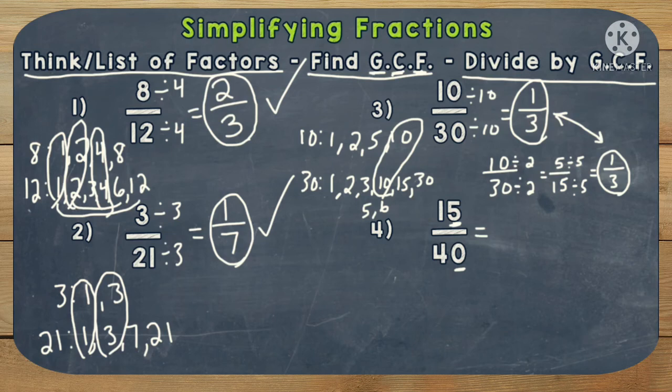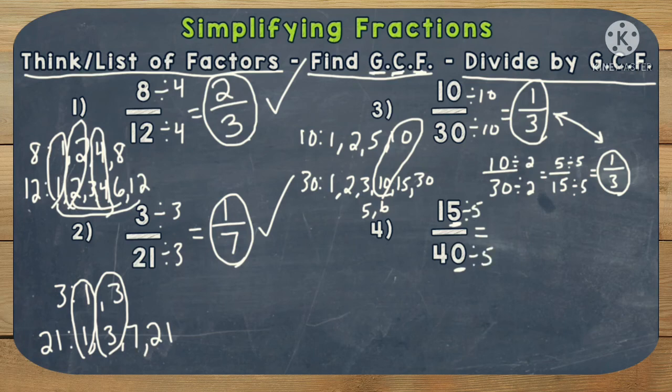So they have a common factor of 5 right off the bat without having to write out those lists. Again, if something ends in a 5, it is divisible by 5. If it ends in a 0, it's divisible by 5 or 10. So both these numbers can be divided by 5. So I'm going to start there.